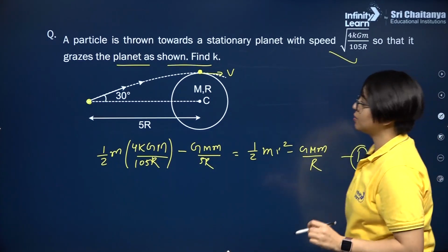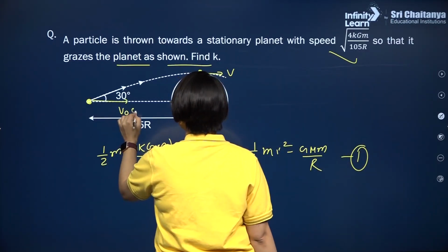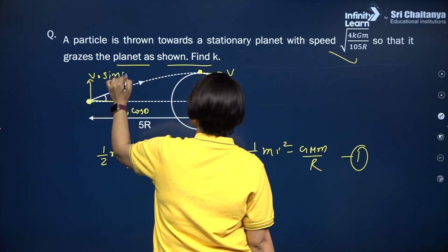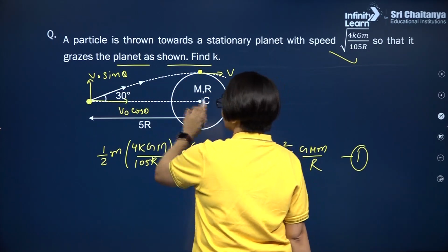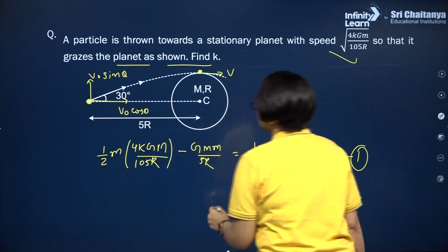Now, conserve the angular momentum. For that, this is v naught cos theta, this is v naught sin theta. So, angular momentum about C at this point is m v perpendicular into r.